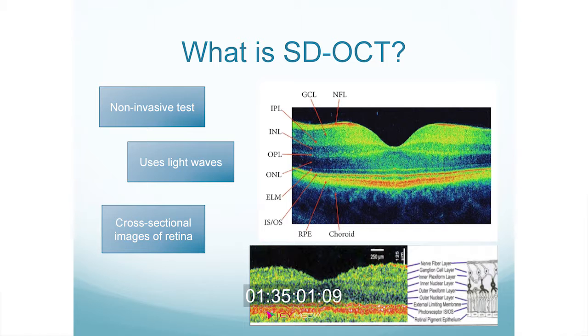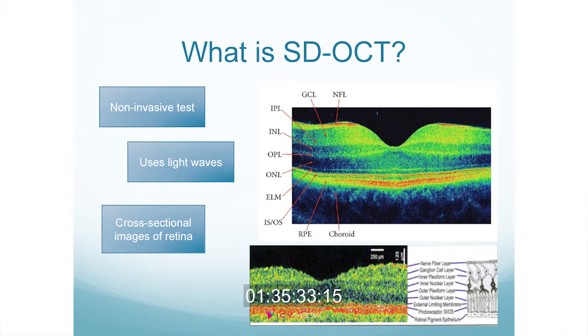So what you can see here on the top right is what a B-scan section or a cross-sectional image of the retina looks like. The black space on top is your vitreous, and then we go further down posteriorly through the layers. We have our nerve fiber layer, our ganglion cell layer, then we have our inner retina, which is our inner plexiform and inner nuclear, the outer retinal tissue, which is the outer plexiform and outer nuclear layers, your external limiting membrane, you have your IS-OS junction, which is the inner segment, outer segment junction of the photoreceptors.